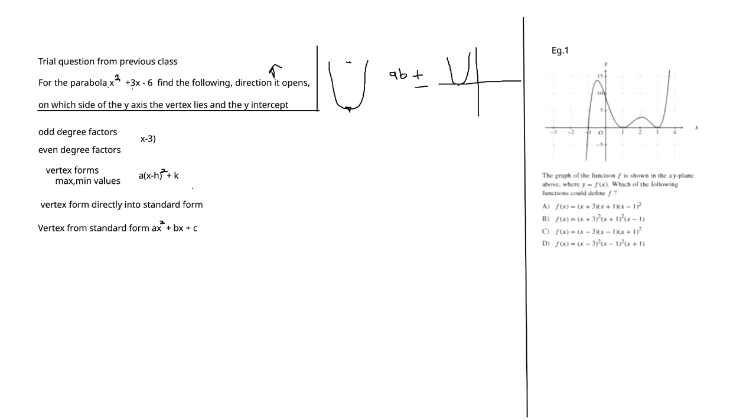So let's say x minus 3 is a factor. Then you have another factor to be x minus 2. Depending on the power of these factors.